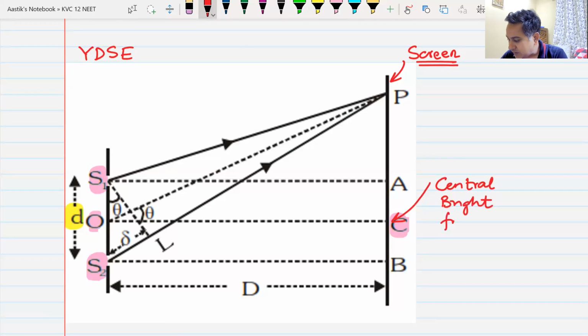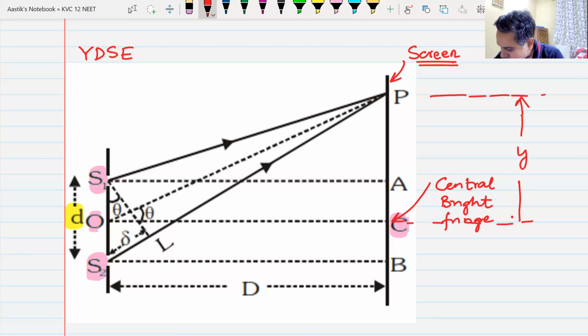Now, what we are interested to know is if you take any point P, which is, let us say, a distance y above point C. It could be taken y below point C as well.